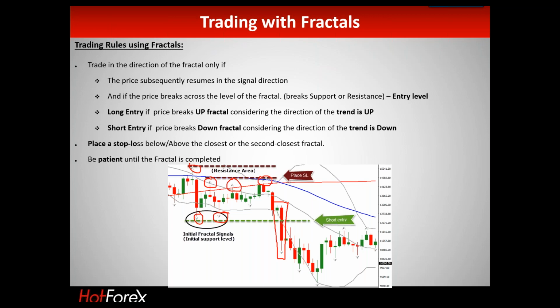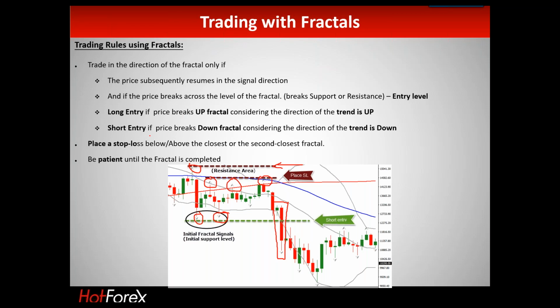Or let's say your target was very far away, so you wanted to stay in the market for quite some time, you could even have set your stop loss back at the previous up fractal, which was over here, if you want to be on the safer side, let's say.